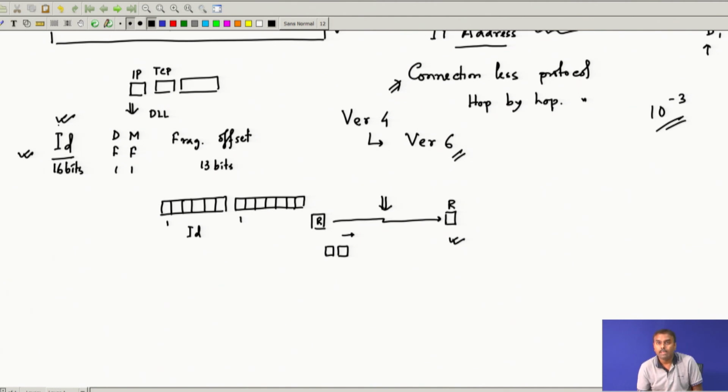You might be thinking, who will provide this ID? This router can itself provide that ID, no problem, or it might also be given by the source, that is also possible. You might be thinking that this ID might get confused. Suppose this router is getting a packet from one source and another source is also sending. Now, if these two sources give the same ID to two packets, will there be a problem?